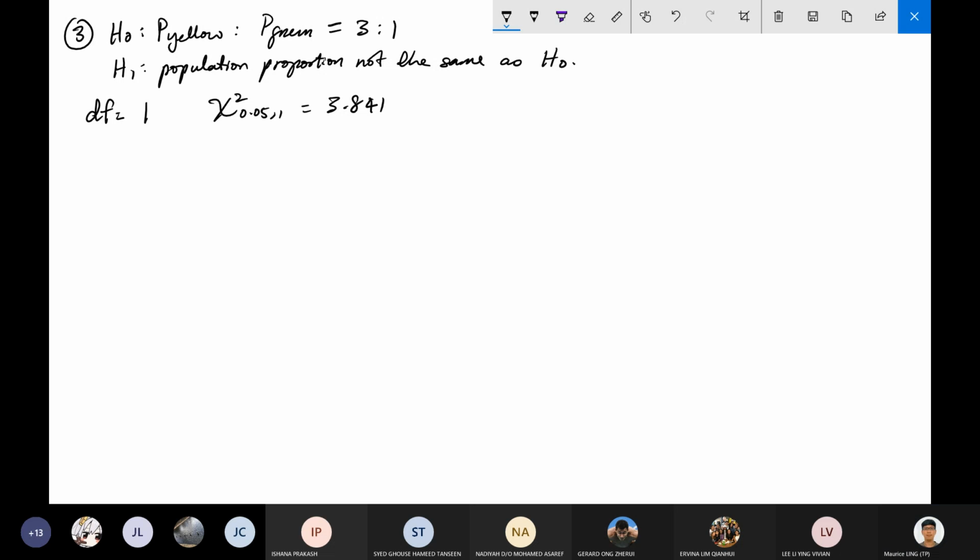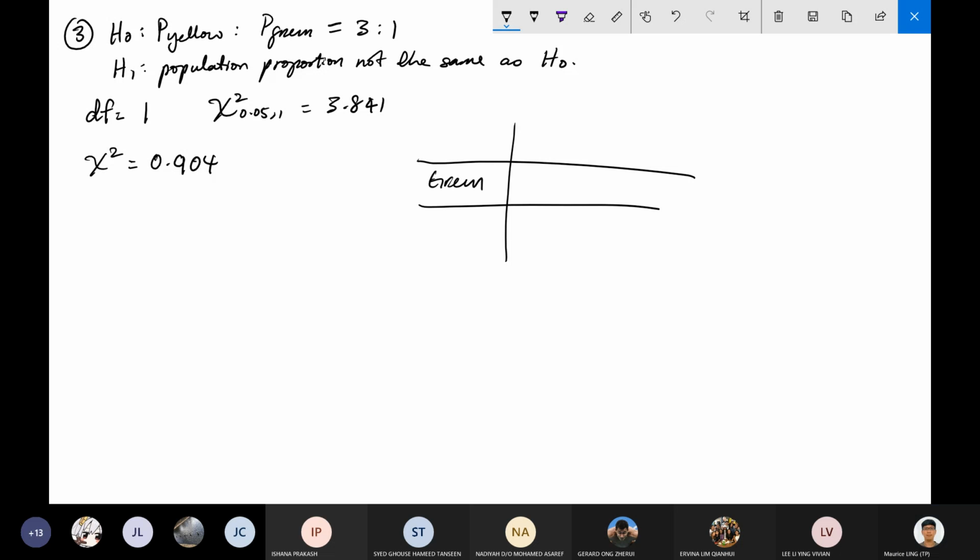So then what is your Chi-Square statistic, Vivian? 0.904. All of you should be able to get it. So let's work it out again. You have green, yellow, and you actually have a total.